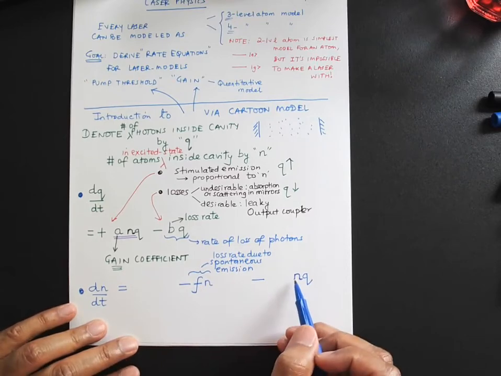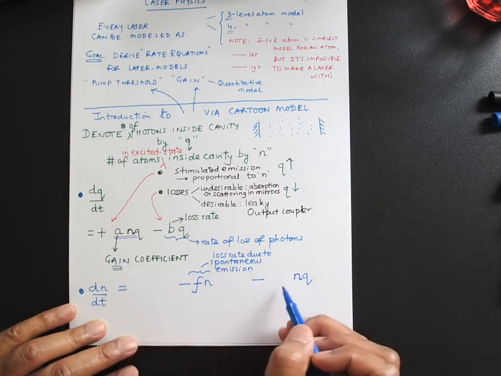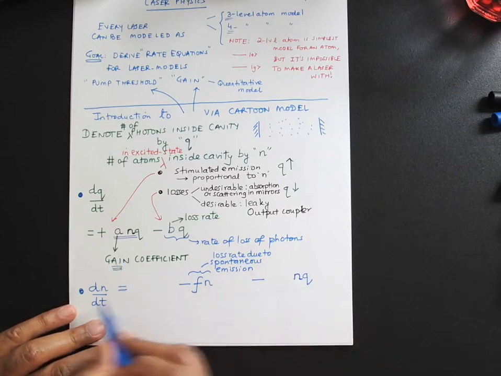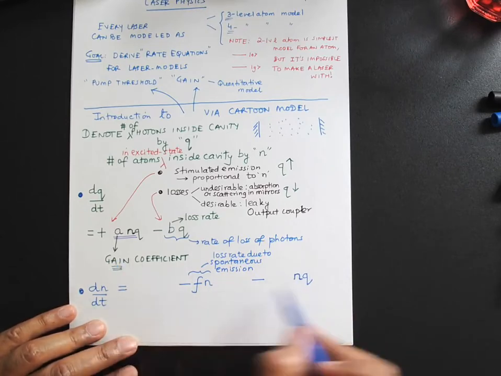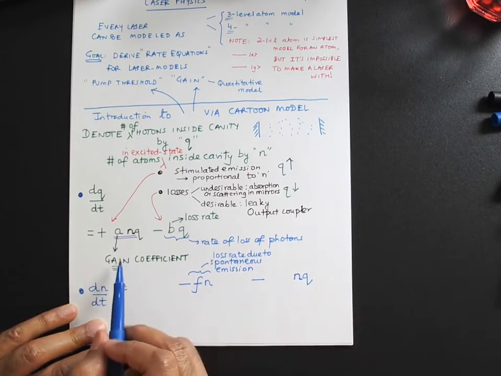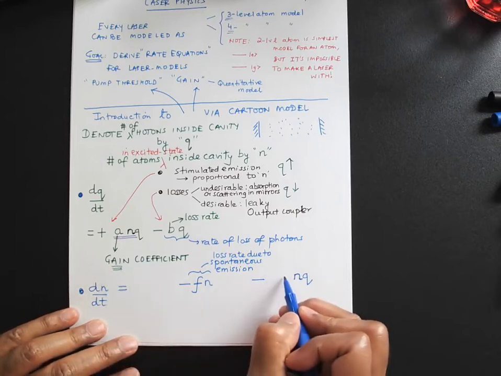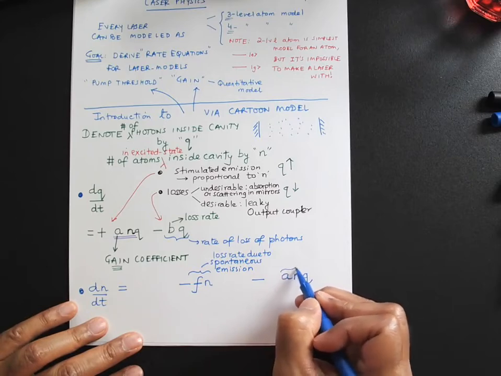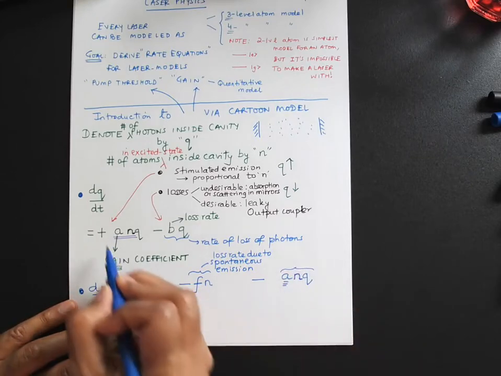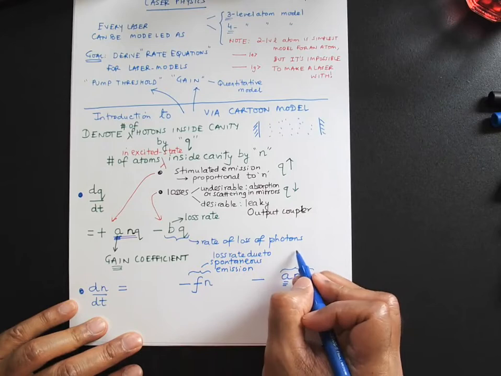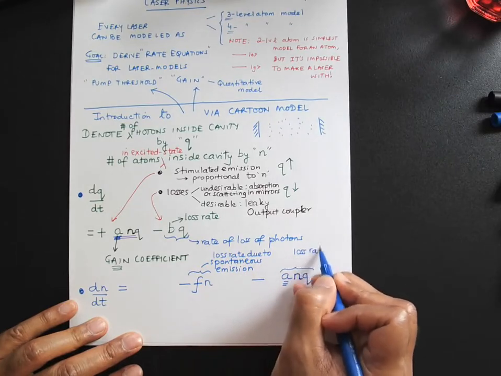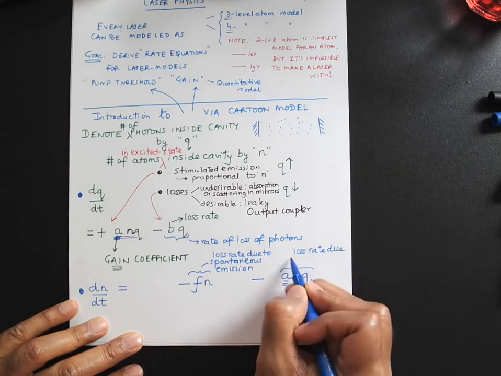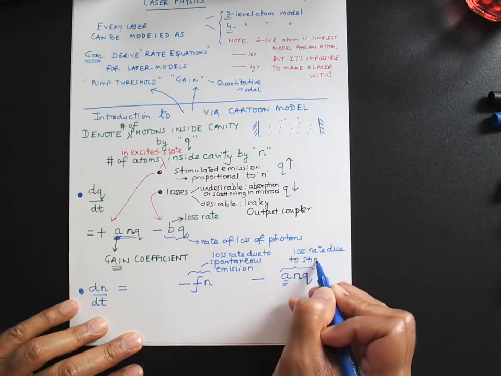But again, this is a proportionality. What's the constant that makes it okay to put it into an equation? Well, it's this very same gain coefficient, meaning that if I multiply it by A, and this A and this A are the same, then this would be the loss rate due to stimulated emission.